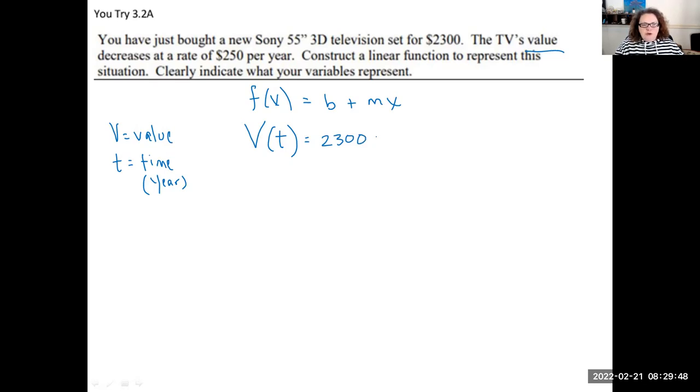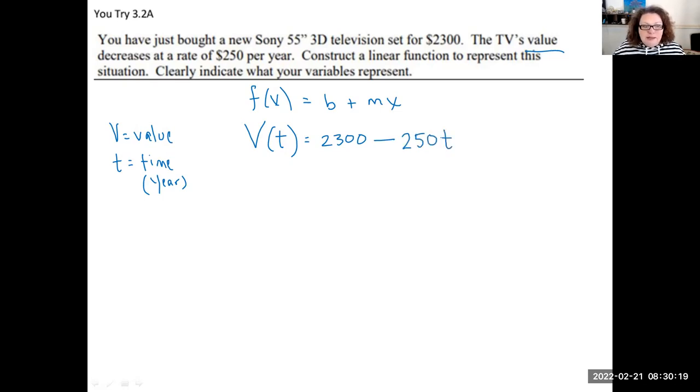So the value based on the year is equal to 2,300. But what's happening now? Is it positive or negative? Is it increasing or decreasing? It's decreasing. So that means it's subtracting how much? 250. That's our rate of change. Subtracting 250 every year.